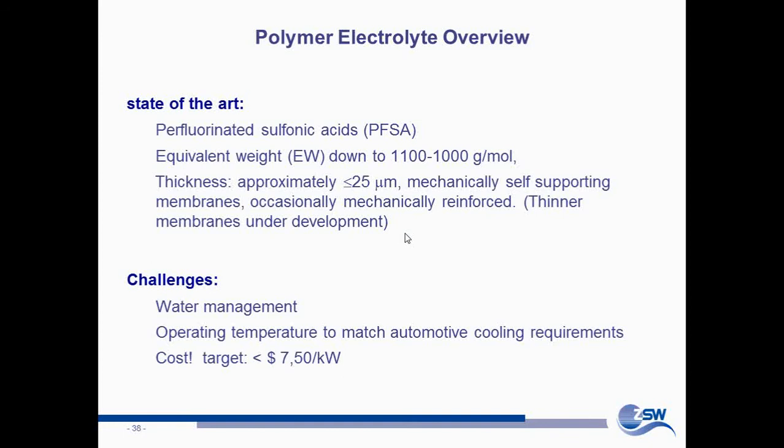But humidifying air, the higher the temperature, the more humidity the air can pick up, right? And so the higher the temperature, in order to get a certain degree of humidification, let's say 80% relative humidity, 90 or whatsoever, the more water you have to push in. And this water has to come from somewhere. So you typically carry it over from the cathode exhaust into the cathode inlet.